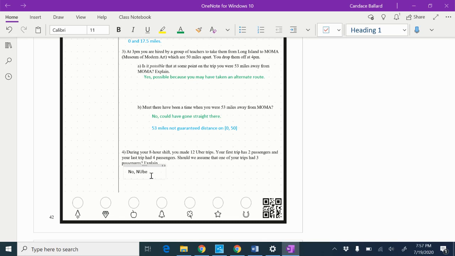The number of passengers isn't guaranteed. And then my little commentary is that the number of passengers is not a function of time.